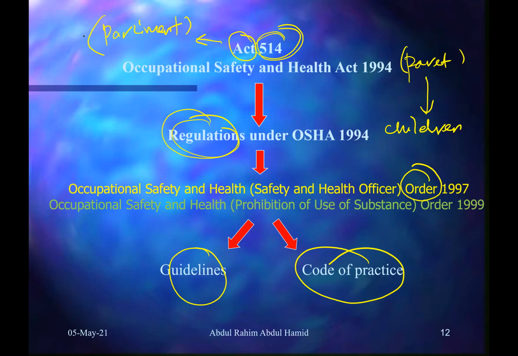If you do not comply, then there are repercussions. In order to keep this law relevant, there are supplementary things, called regulation. Regulation can be released every now and then.